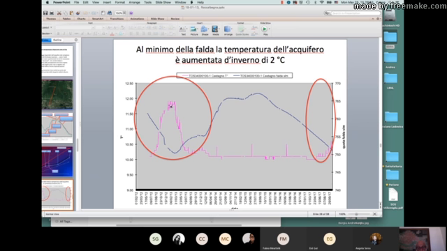So this means that the vapor must have entered the aquifer to warm up the water. Consider that the water of the aquifer is maintained constant through time, because here you're very deep, 100, 200 meters below ground surface. So there is no seasonal variation of temperature. And the temperature of the water is maintained by the temperature of the rock.